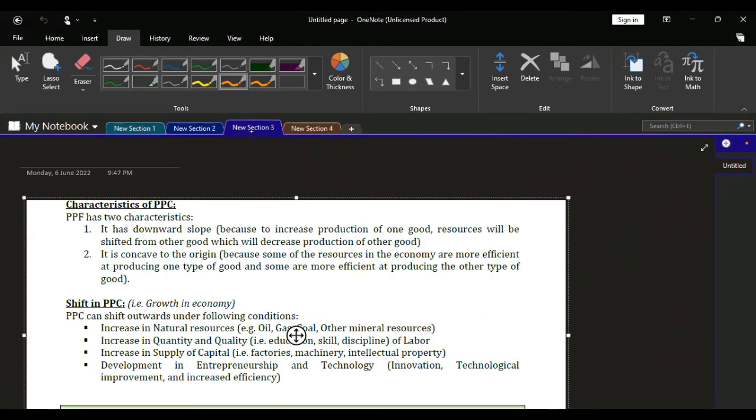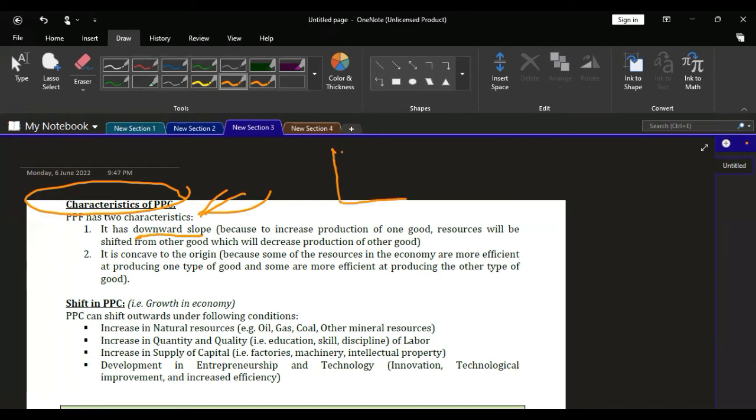So now we have to study the characteristics of PPC. There are some characteristics, two of which are mentioned below. It has a downward slope.